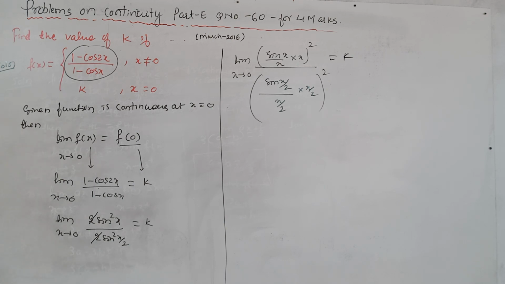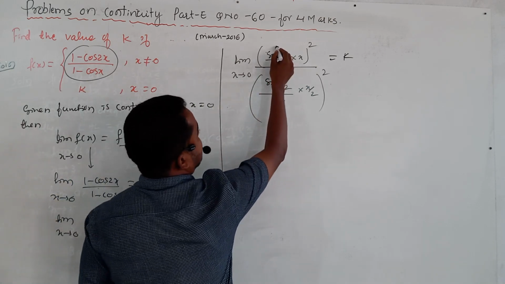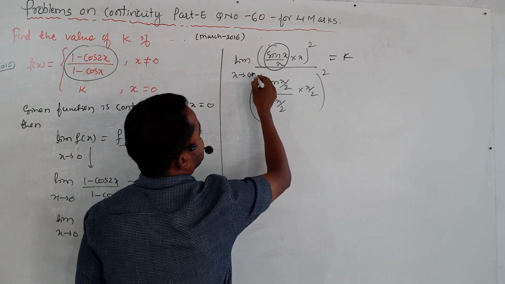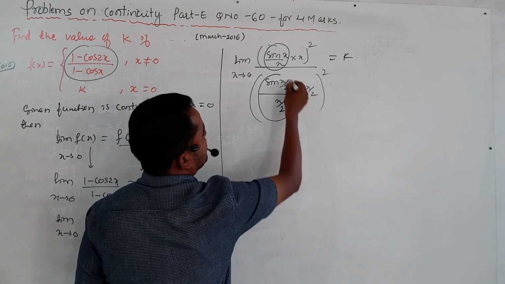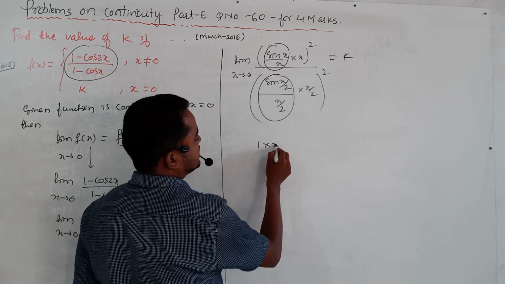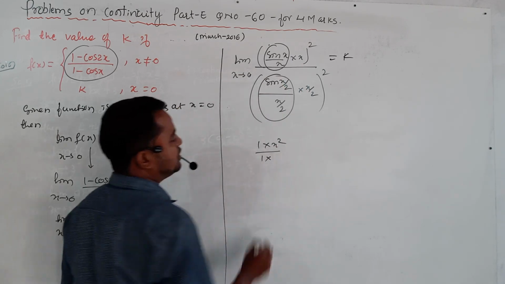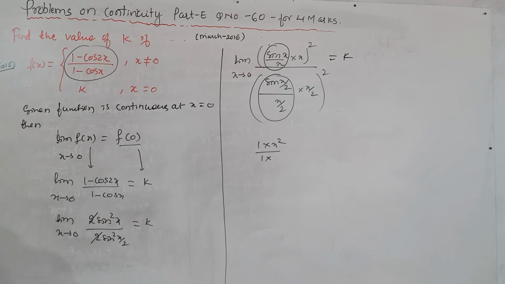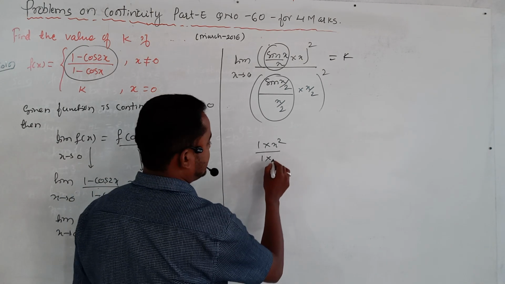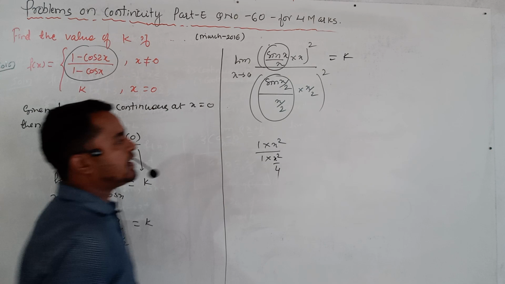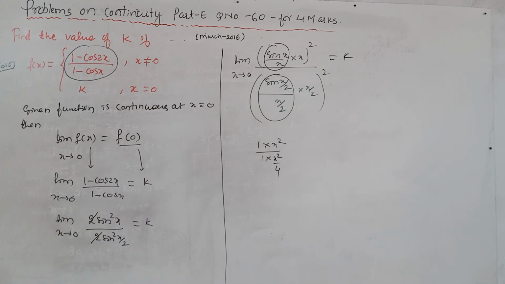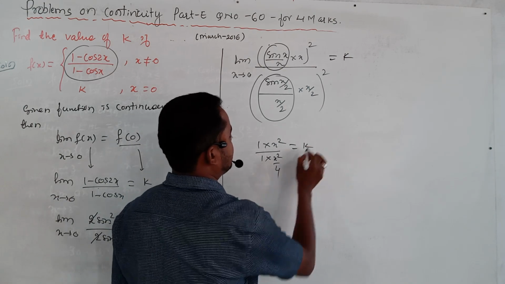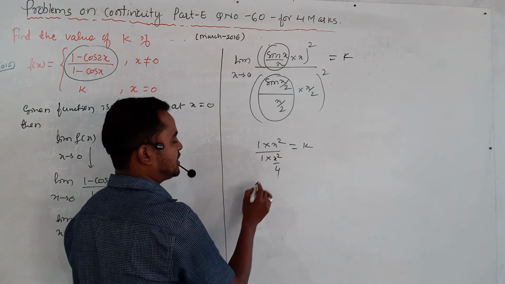Therefore, put the value: the limit of sin theta by theta as theta tends to 0 is 1, and this is also 1. So 1 into x square divided by 1 into x by 2, x square by 4, because we are doing the square at the same time, is equal to k.